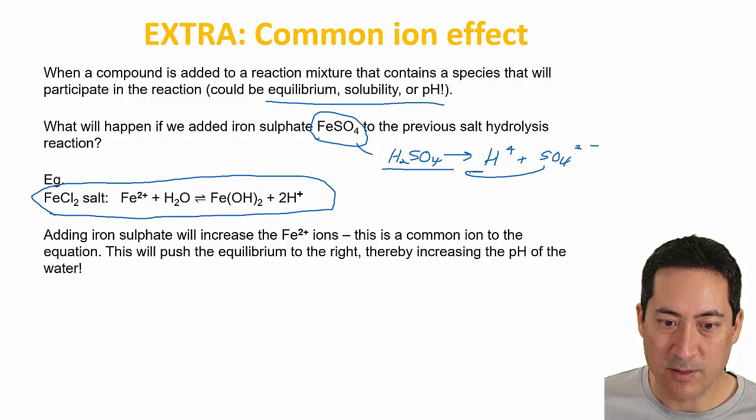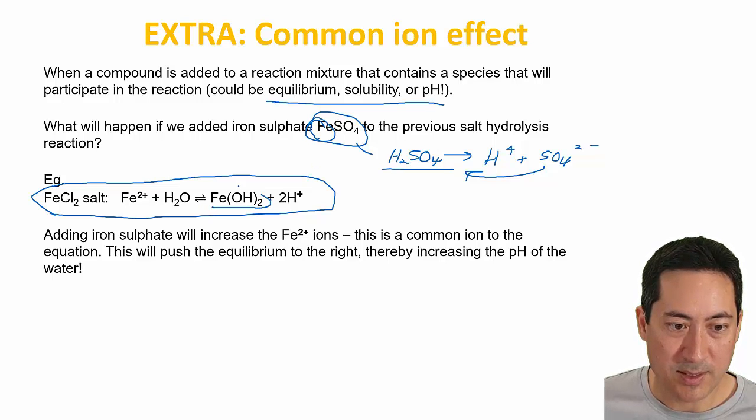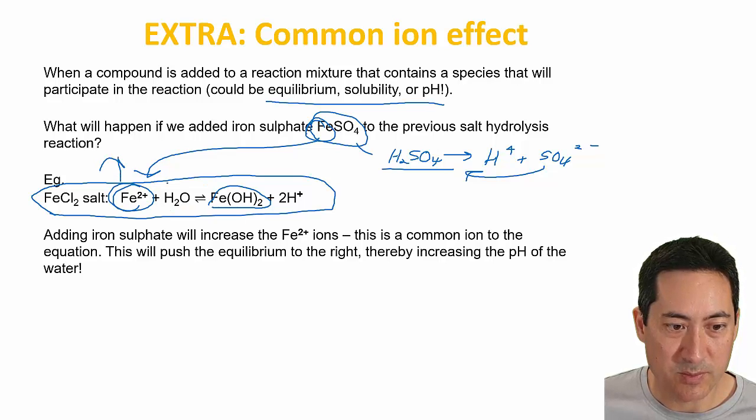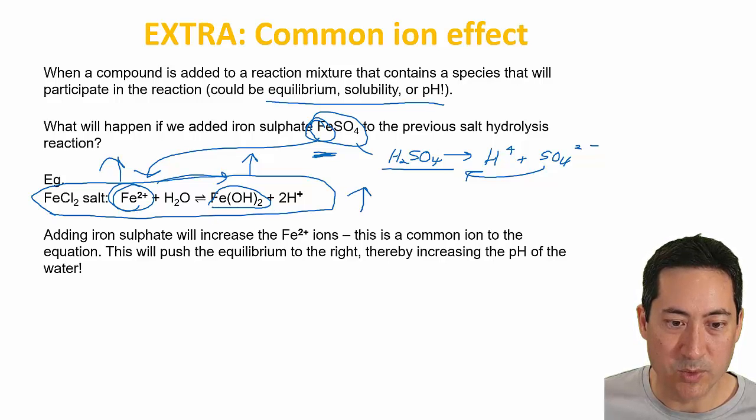But the iron does form a weak base here, and so the iron is in effect going to come out into solution, and it's basically going to increase this side. So Le Chatelier's principle means it's going to therefore increase this side. So if you add a common ion in this situation, it's also going to increase the acidity even more.